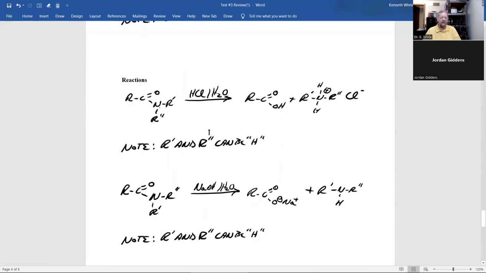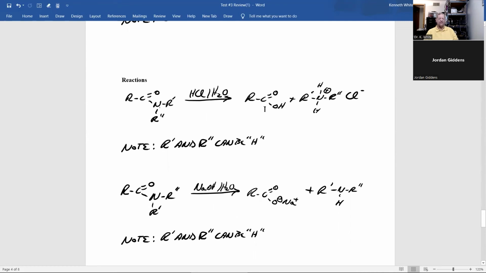Now, reactions of amides. You take an amide, react it with acid and water. Remember, in your stomach, there's HCl, and this is how your stomach breaks down protein, which I'll cover tomorrow. And here we have an amide, acid, water.